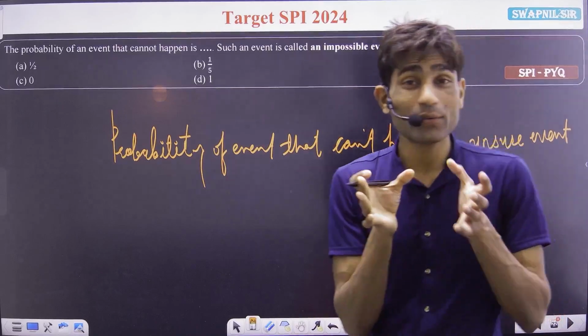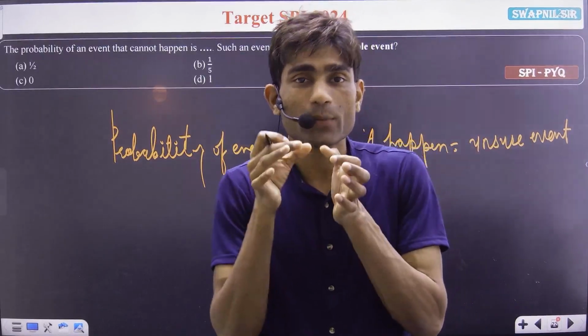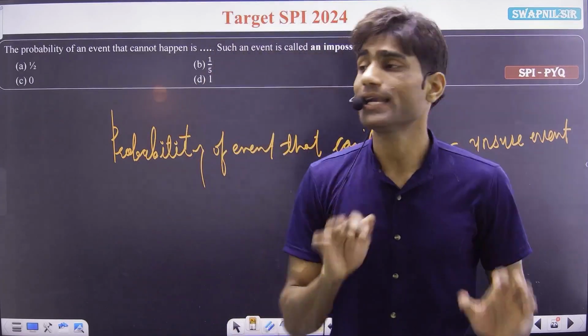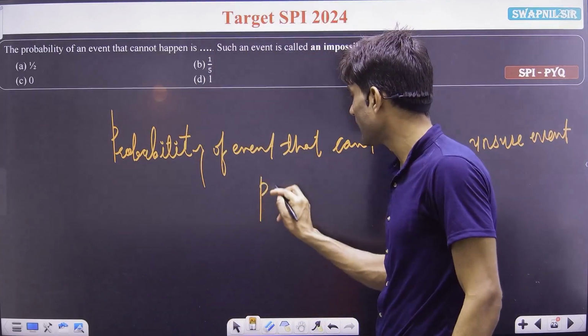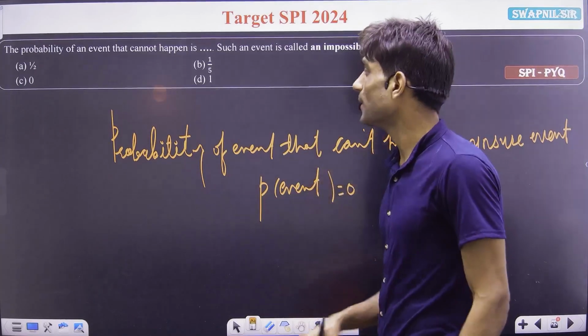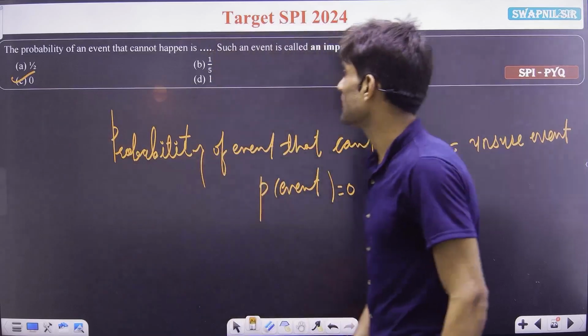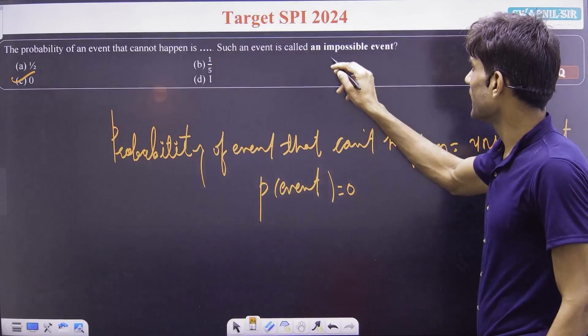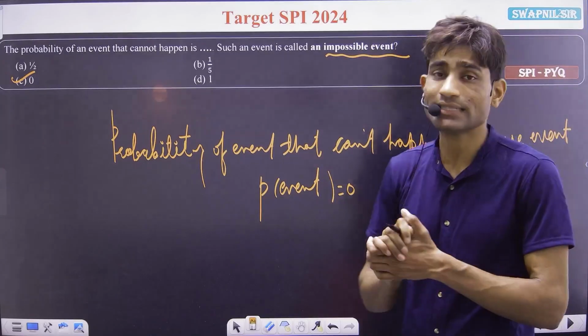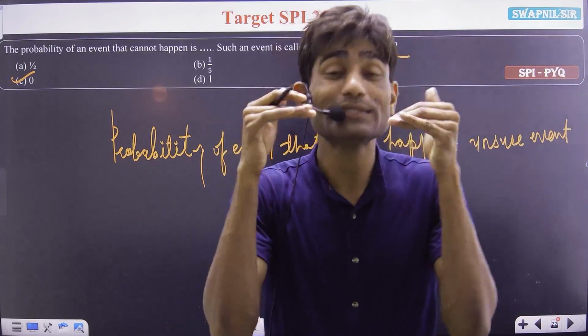And we know that whenever the event cannot happen, or it is an unsure event, we write the probability of that event as 0. Such an event is called an impossible event, meaning it is not possible.